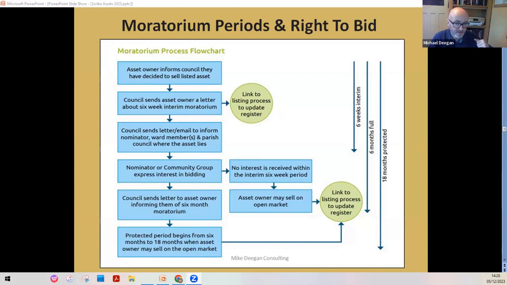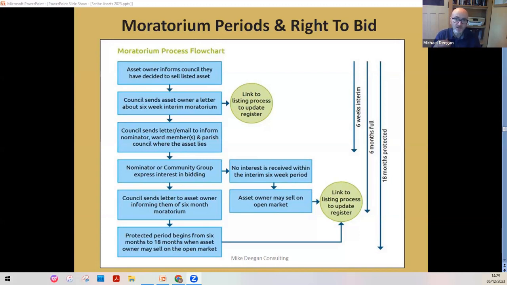And the first is the interim 6-week period, during which time a council or a community organisation can decide if they want to be considered as the potential bidder, and you express an interest in becoming a potential bidder to buy it. So there's a form, and if that's received during this 6-week interim moratorium period by the authority, then they issue a further 4.5-month pause in the sale process that's triggered.